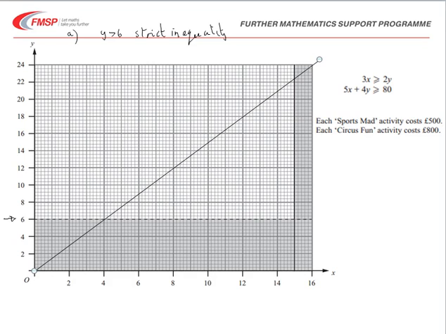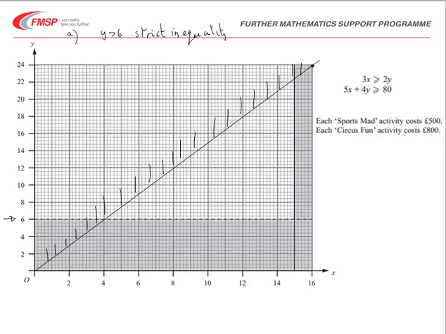So at that point at the top of the graph we can see that we have that 3x is equal to 2y. So that's the line that we need, and we want 3x to be greater than or equal to 2y, so we need to shade out above the line, which would be the other part of the inequality. So just a nice neat hash line like that to show which part you're shading out of the diagram.